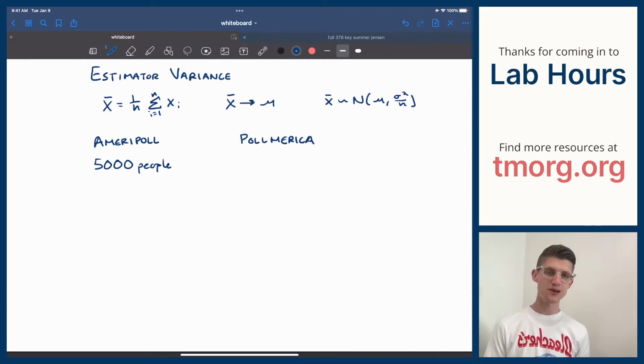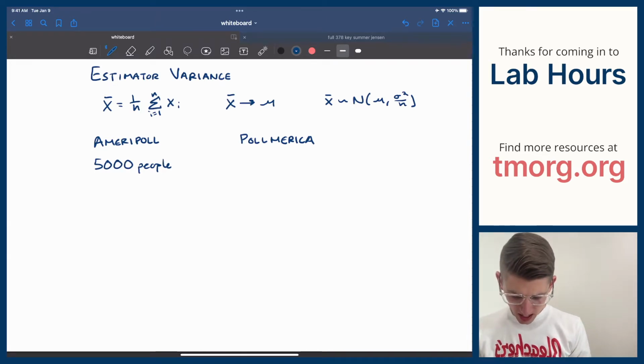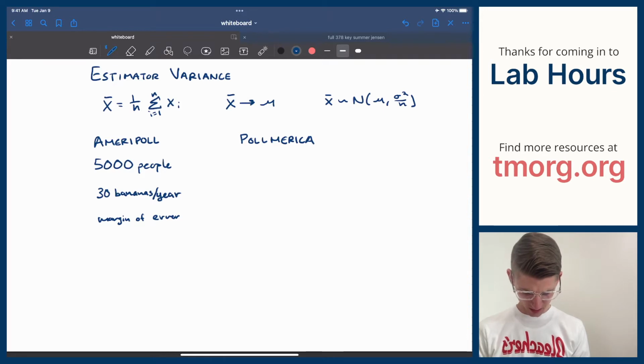And let's assume that their sample is representative of the United States as a whole. It is their job to do good polls, after all. They report that the average American eats 30 bananas per year, and they give a margin of error of 2 bananas.